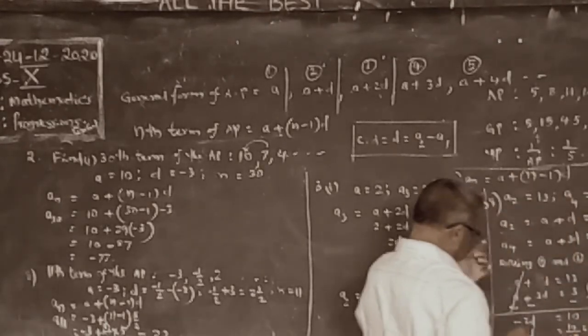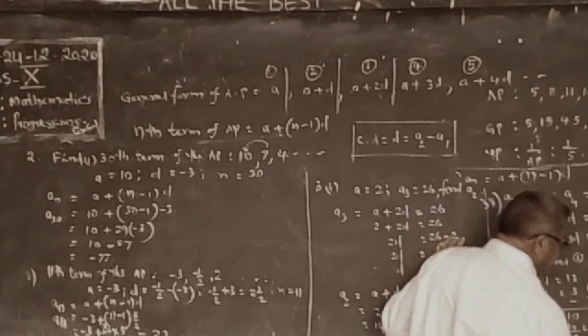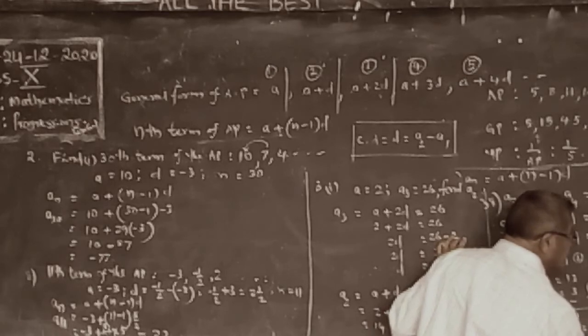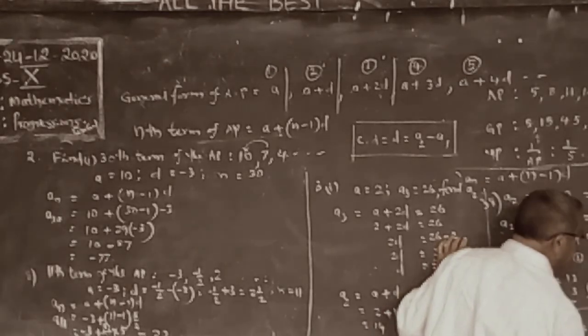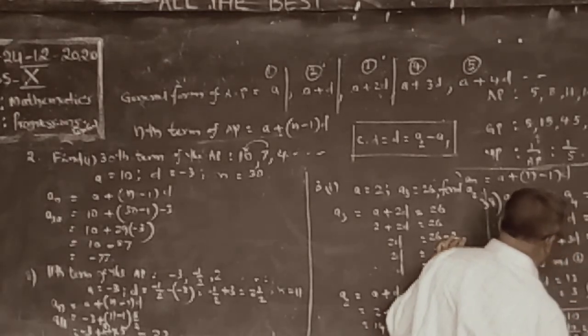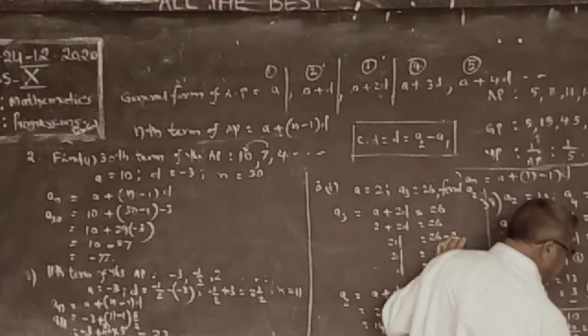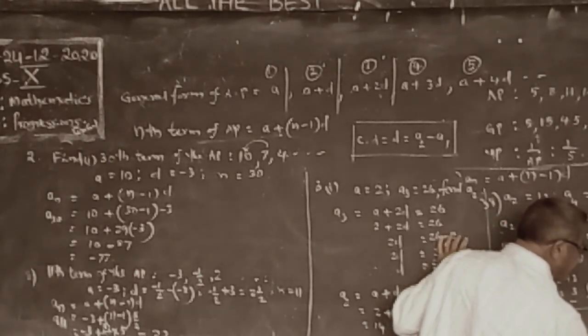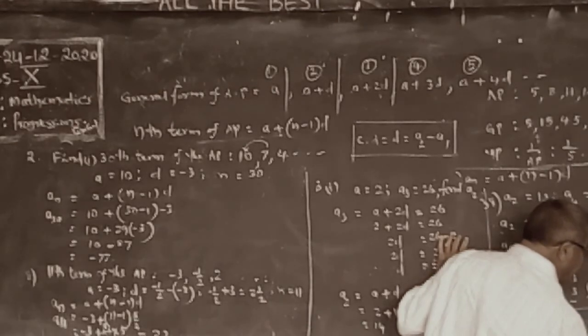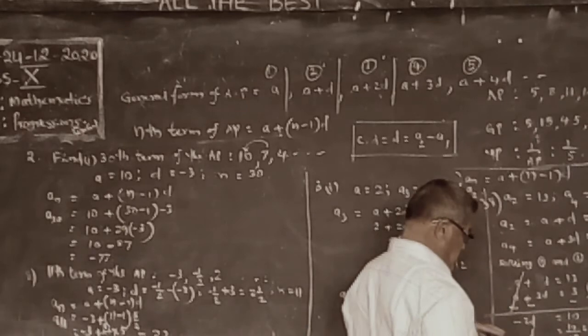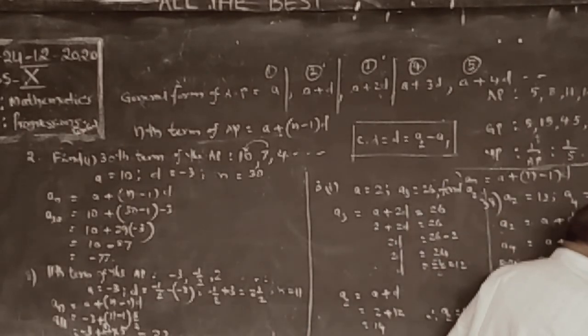Therefore, A1 or A is equal to 18, and A3 means A plus 2D. A value 18, D value minus 5, 2D is minus 10. 18 minus 10 is 8.